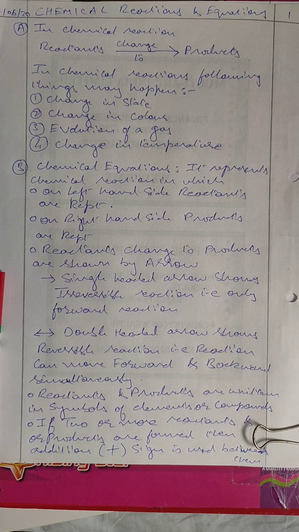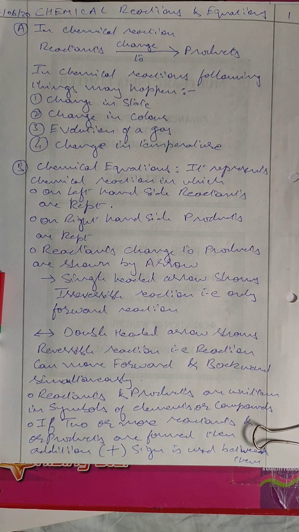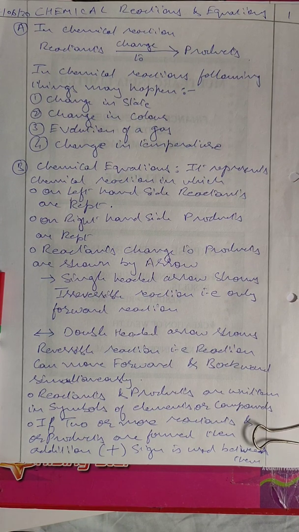That means solid may get converted into liquid, or liquid into gas, or gas into liquid, or something like that. Change in color may also happen. Like some elements were red in color but they turn blue, or some were colorless and they turn milky or turbid. When we go into depth, we will go through that.